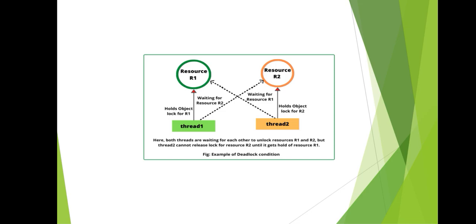Thread 2 holds the object lock for R2, that is resource 2, and is waiting for resource 1. Both threads are waiting for each other to unlock resources R1 and R2, but thread 2 cannot release the lock for resource R2 until it gets hold of resource R1. So here the deadlock can arise.